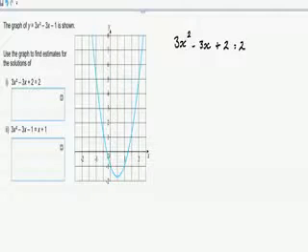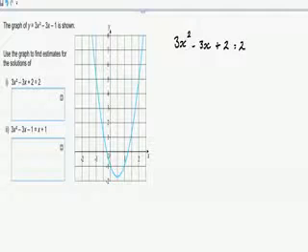So that's no good to us because we've only got the graph of this. So what we can do is change this equation so that it becomes this. Okay, so I've rewritten it here. So we've got 3x squared minus 3x plus 2 equals 2.